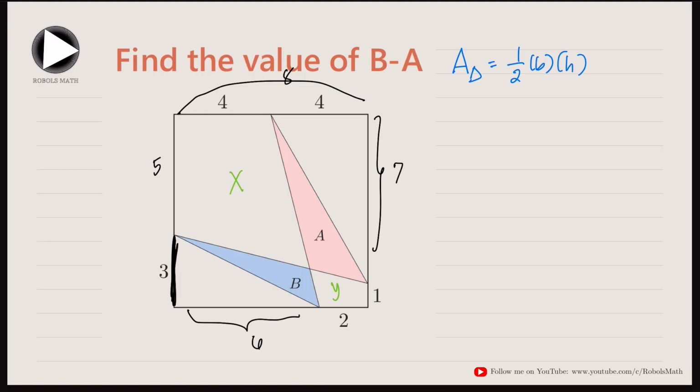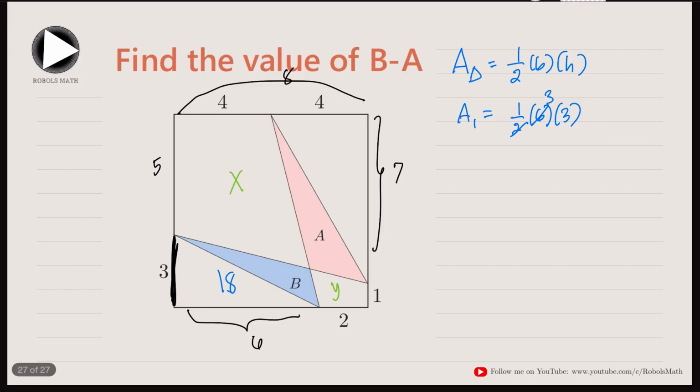So for the lower triangle, its area, let's call it A1, is equal to 1/2 times 6 times 3, which when we simplify is equal to 3 times 3 or 18. Oh, what am I saying? This is 9.